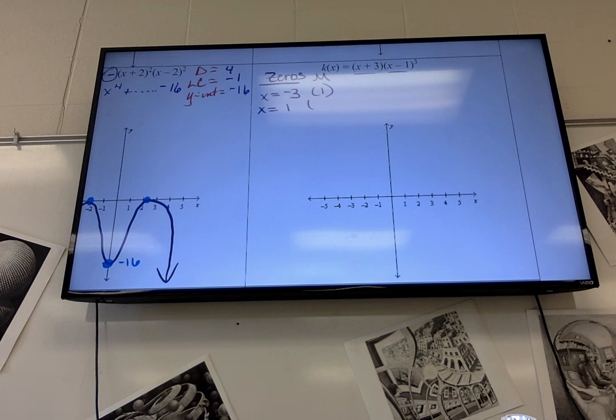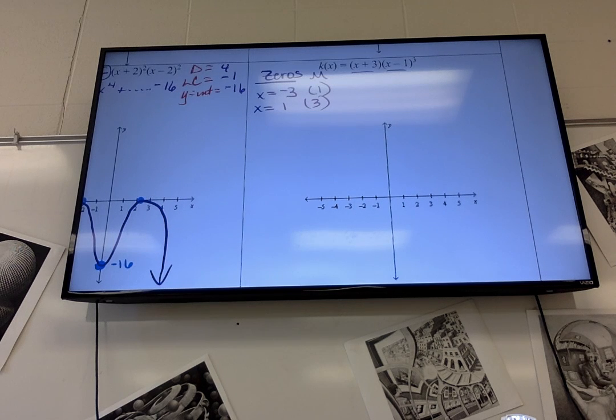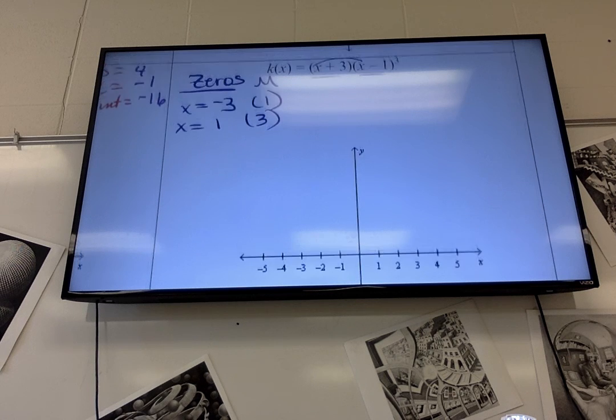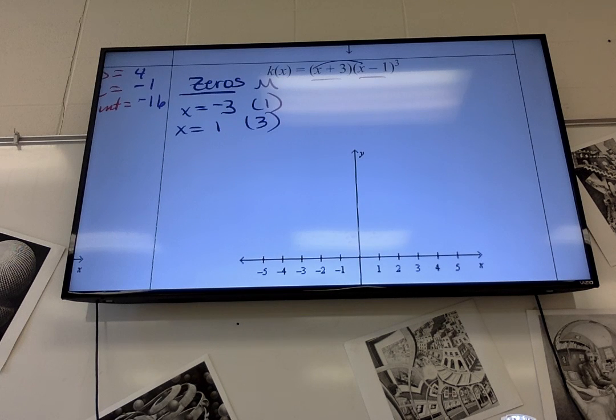What is it for 1? Yeah, because it's cubed. So that's going to do one of those changing concavity. So what would my degree and leading coefficient be when I do this little multiplying thing in here? Yeah, it's going to be x to the 4th.